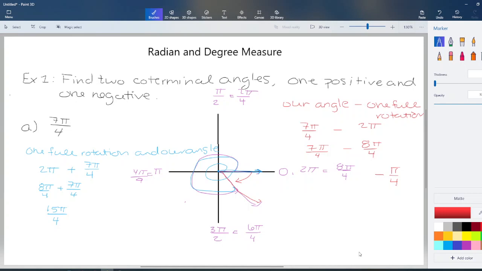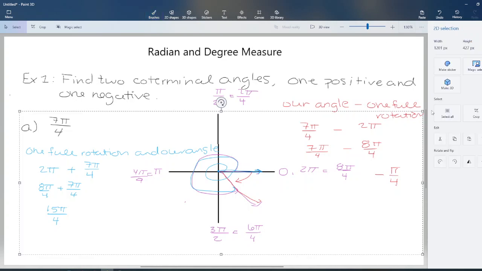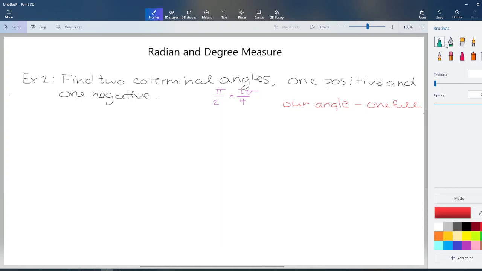Let's do one more example of finding coterminal angles. Okay, so let's look at our second example here.